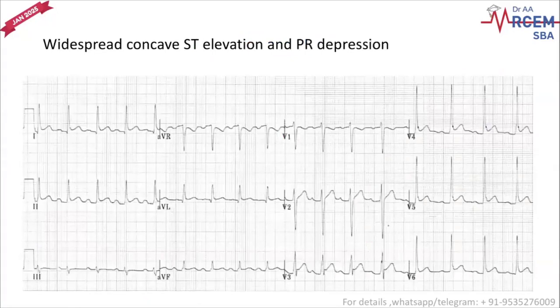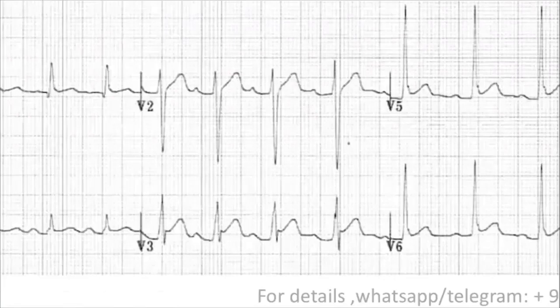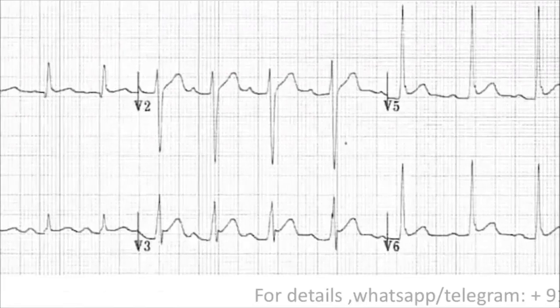Are there any specific ECG findings? Yes, absolutely. There are specific ECG findings: concave ST segment elevation with PR depressions. There are two findings present here. To make it out, you need to be aware of the isoelectric point, where the electrical activity of the heart is absolutely nil.